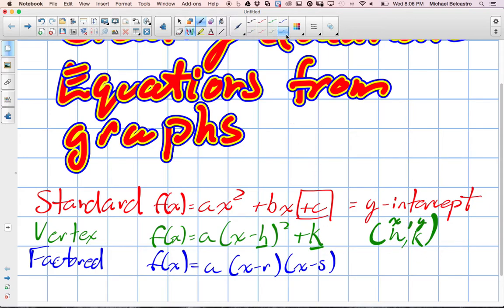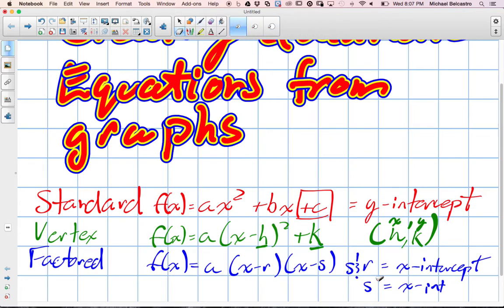And finally, the factored form, well, the r is an x-intercept, and the s is another x-intercept. In fact, I should have just written r, s, and r. That would have been a nicer way to write it. Okay, so those are your x-intercepts. So each of them has their own major benefits, and just be aware that the a value is essentially the same in all of them.